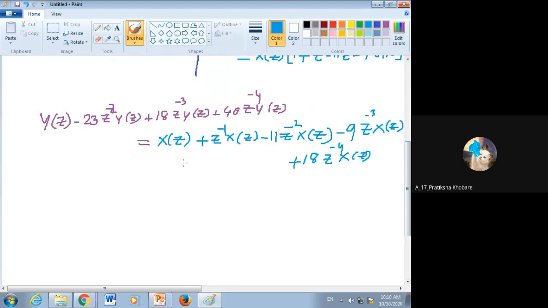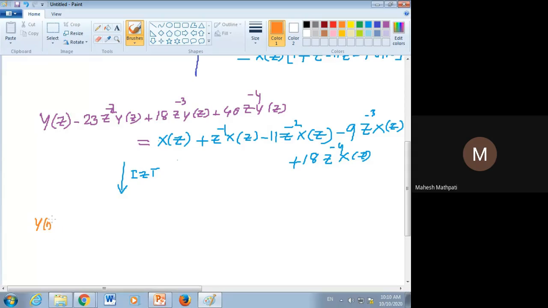Now, if we apply inverse Z transform to this equation, तो क्या लिख सकते हैं अभी? Can anyone tell me? Apply inverse Z transform to this. Y of Z के लिए inverse Z transform लगाने के बाद, what it will happen?